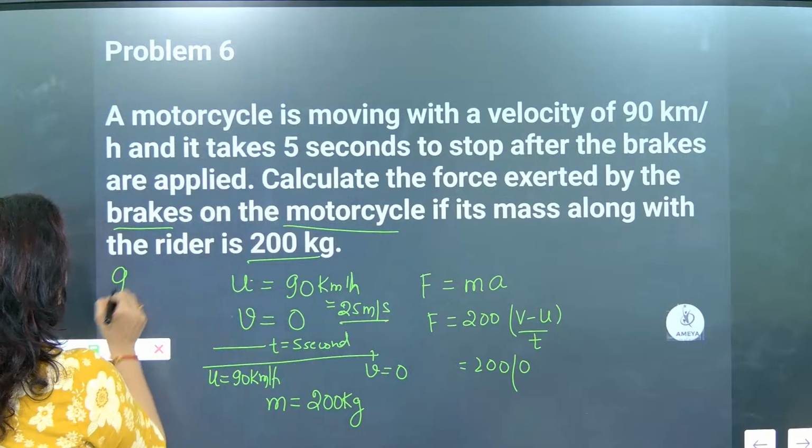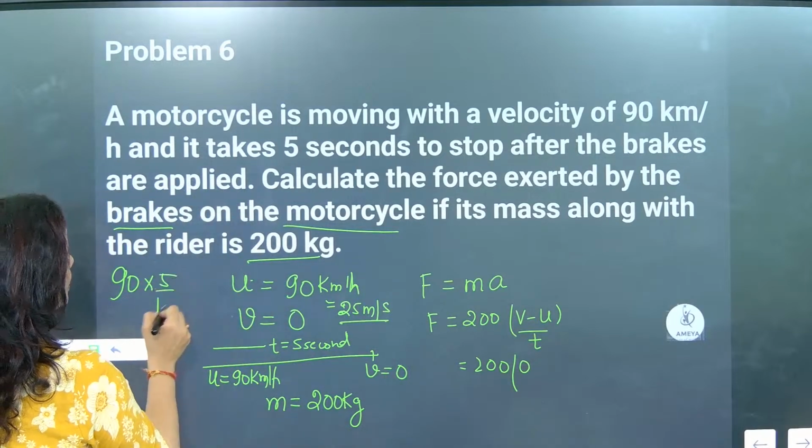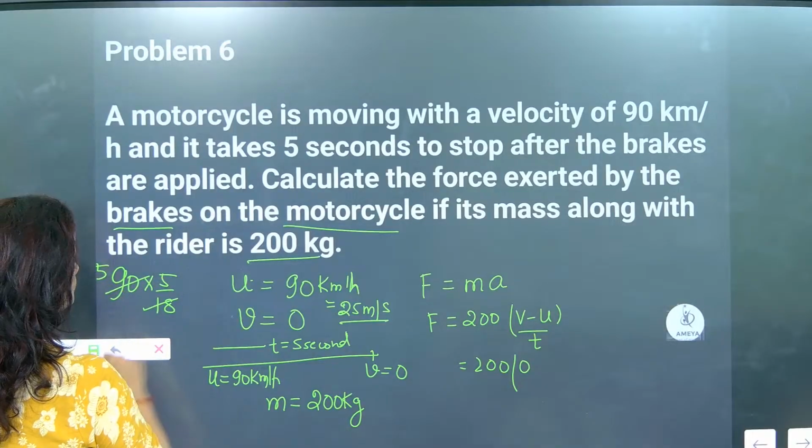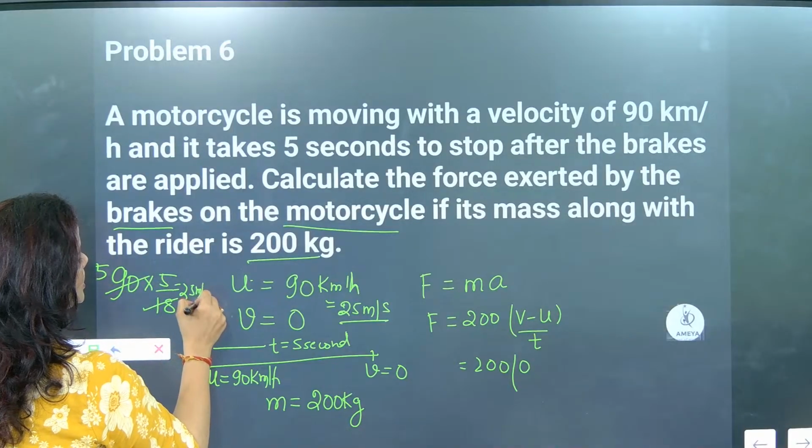Because 90 into 5 by 18, it will come 5 times, so 25 meter per second.